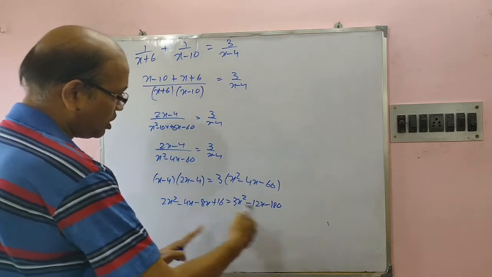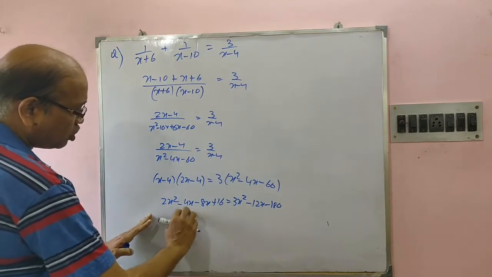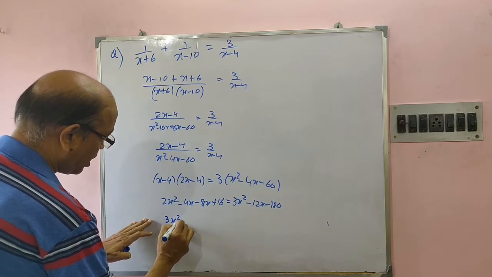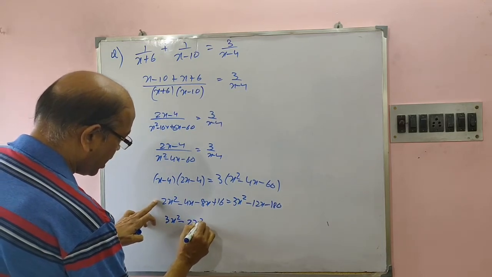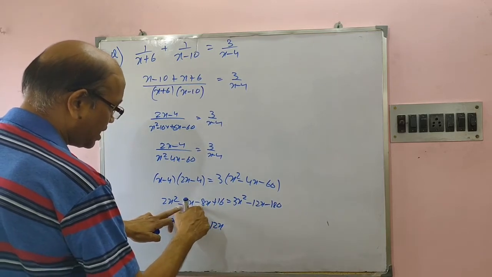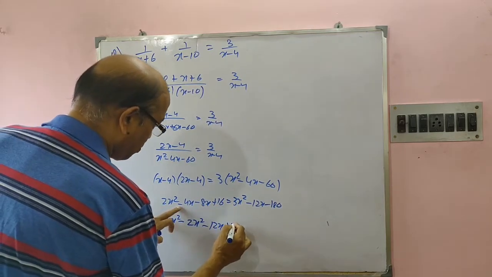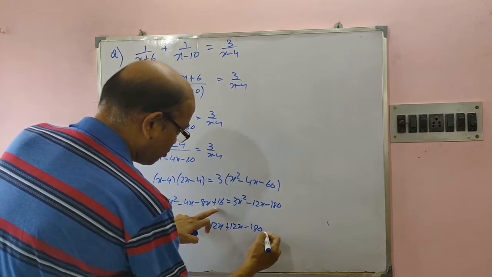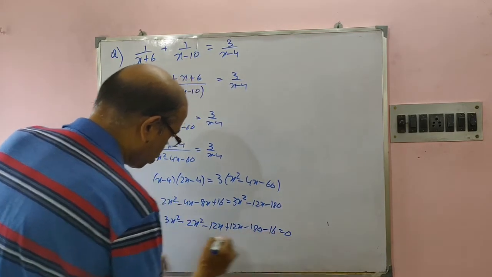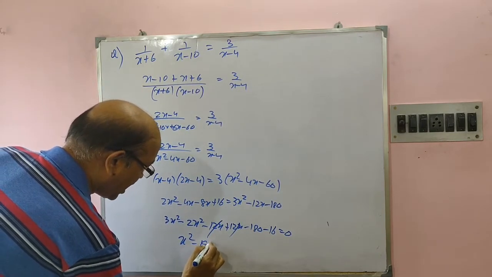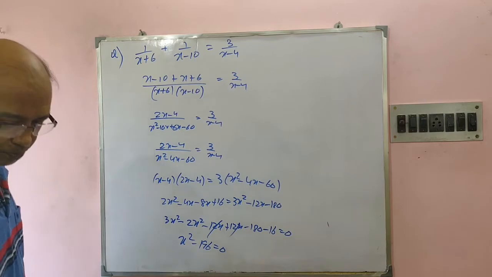Bringing everything to the other side: 3x square minus 2x square is x square, minus 12x, here it is minus 4 minus 8 minus 12x, that means it will go to plus 12x. Here it was minus 180, plus 16 will go there, minus 16 is equal to 0. So x square, this gets cancelled, minus 196 equals 0.